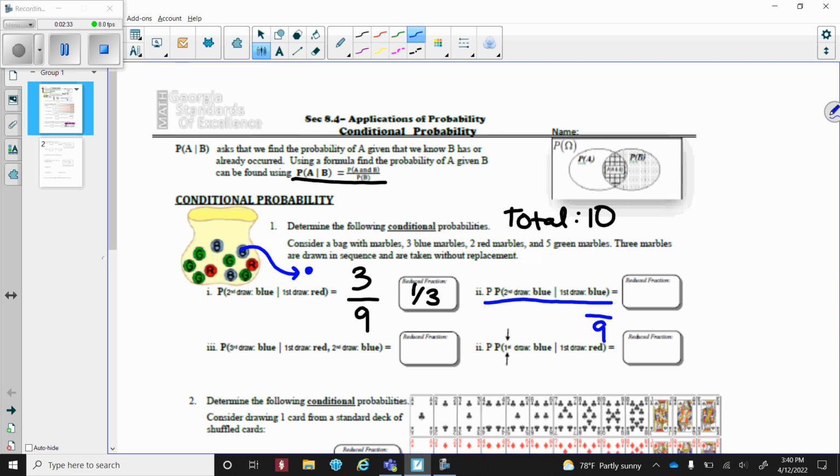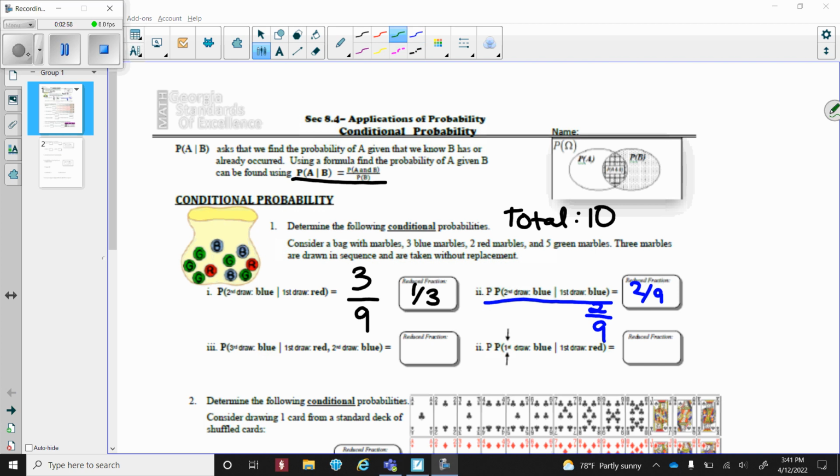That's my new total. We just have to figure out what's in the top. So if I pull 1 blue out, there's only 1, 2 blues left in the bag. So we have a 2 on top. And 2/9 is already simplified, so I'm going to write it down in my answer box. 2 divided by 9.